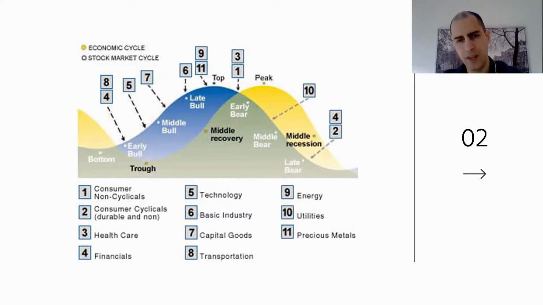So in the early to mid, number 10, which are the utilities, are best performing. And then in the late recession stages, financials and consumer cyclicals are the better industries. So this hopefully gives you a general image of how the stock market is related to the economical cycles, how it's impacted.